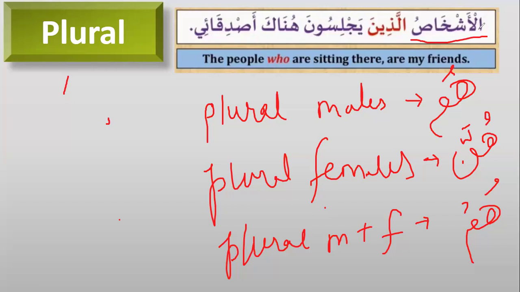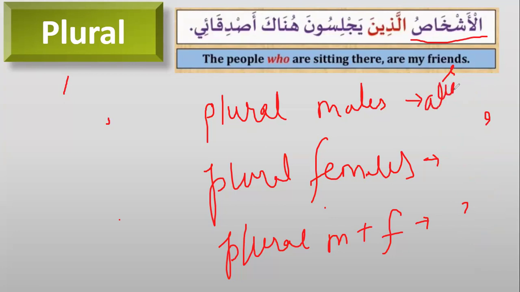The same way for the plural relative pronouns as well: if there are plural males, you need to use allazina. This one should be allazina.